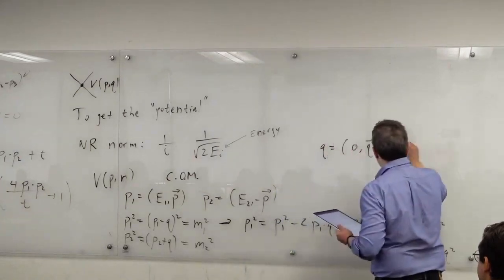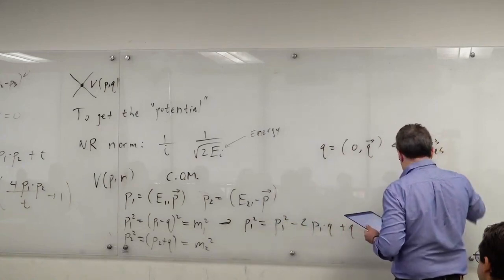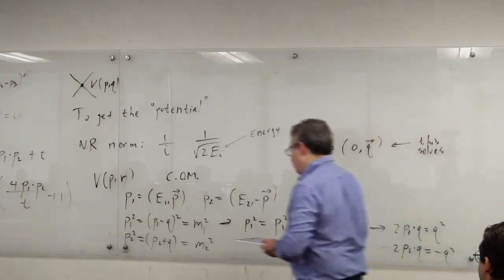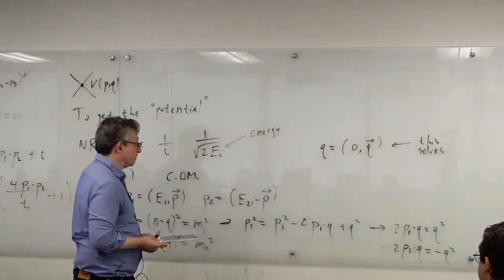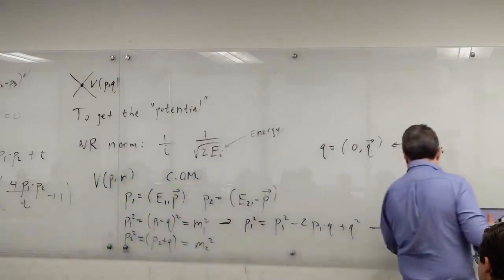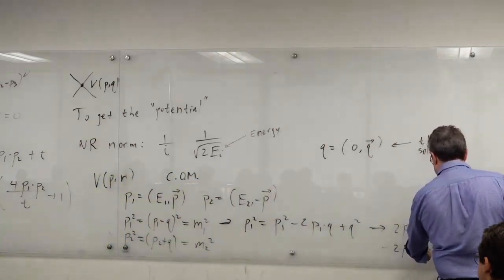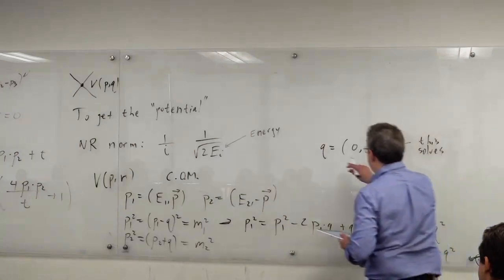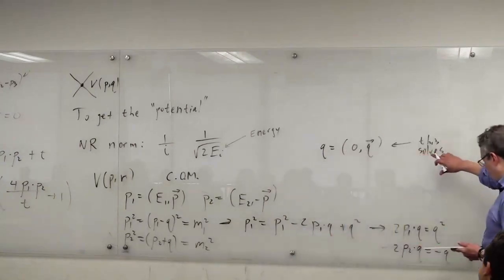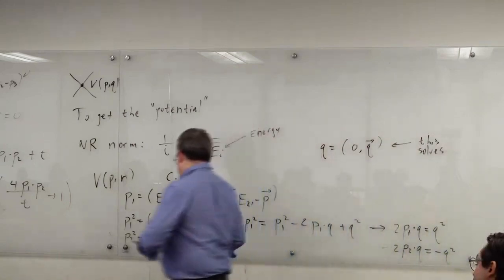So this is a solution. This solves these equations. See, I want P1 dot Q to be Q squared over 2 and P2 dot Q to be minus Q squared over 2, and I can solve that by coming here.